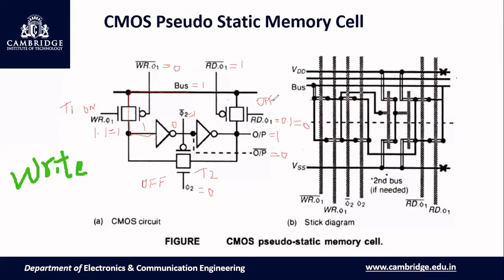You can take this transmission gate as T3. Done? So like this, we can write the data into this memory. One bit of information has been stored. The information you had in the bus, that is logic 1, is stored here, right?